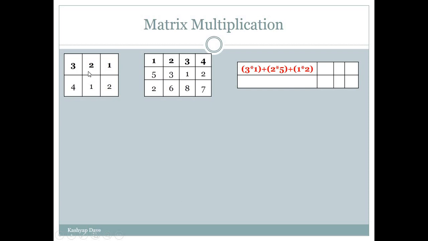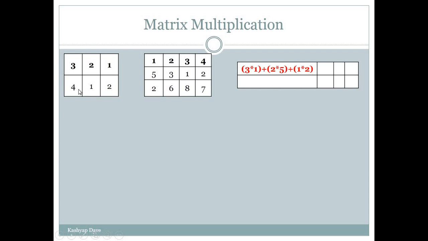After multiplication of these matrices we will have a third matrix of 2 cross 4. Why?